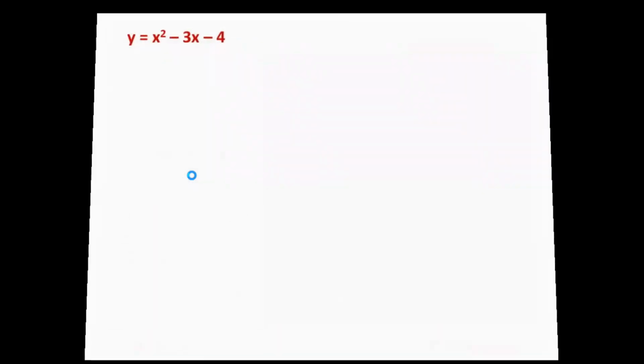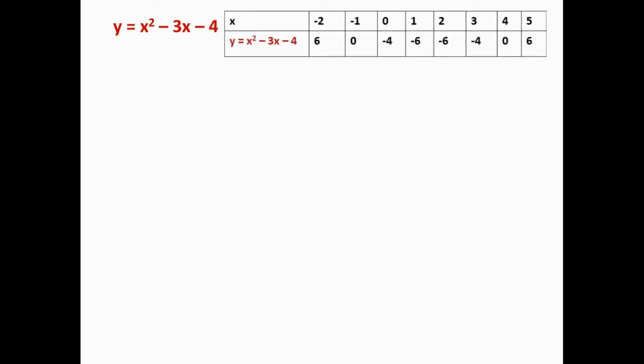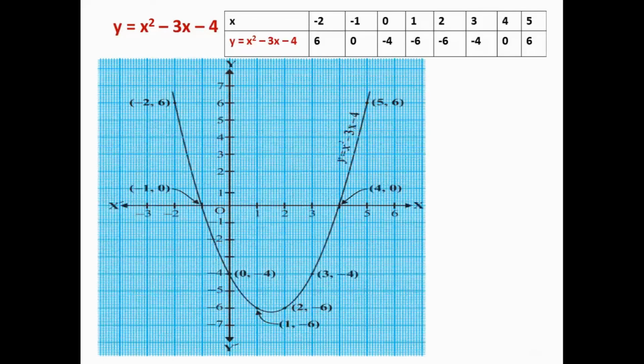Let us check the quadratic graph. Here is the equation x square minus 3x minus 4. I have considered some points for x and calculated the points for y and drawn the graph. How have I drawn the graph?